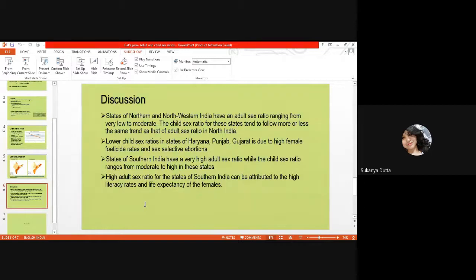So the states of northern and northwestern India have an adult sex ratio ranging from very low to moderate. The child sex ratio for these states tend to follow a more or less same pattern as that of the adult sex ratios.